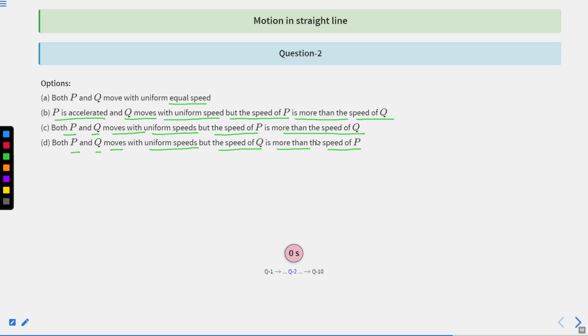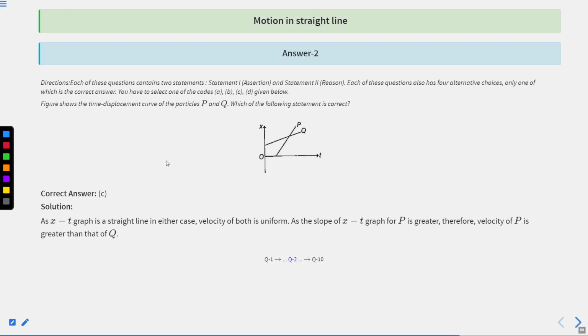Let's find a solution. So this is the time displacement graph curve. As the x-t graph is a straight line in either case, the velocity of both is uniform. Clear?